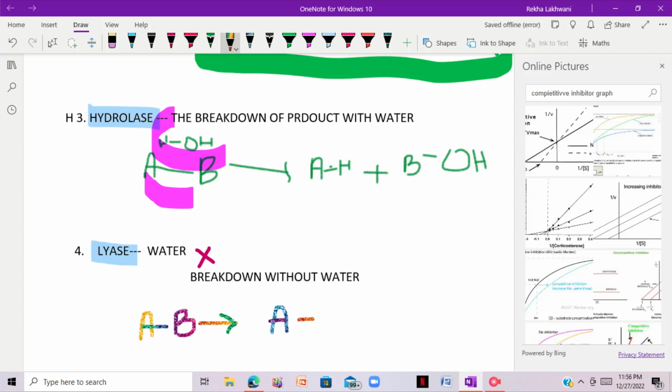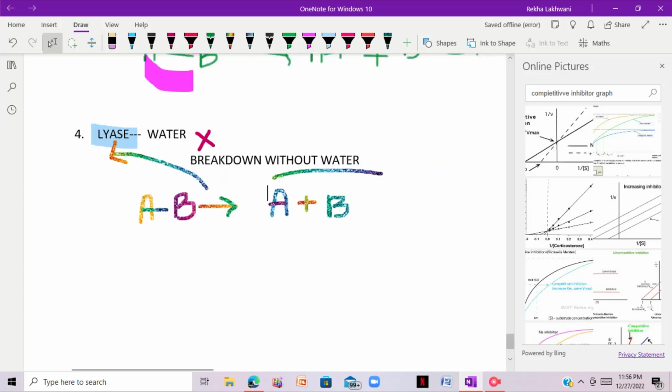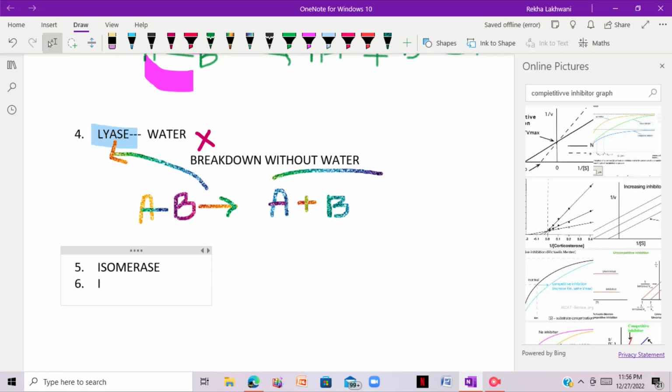For example, there is a compound known as glucose 6 phosphate. Now it has been converted into fructose 6 phosphate. Glucose and fructose both are isomers. So the enzyme used over here is basically this isomerase.